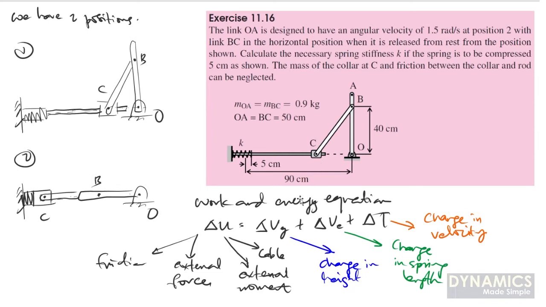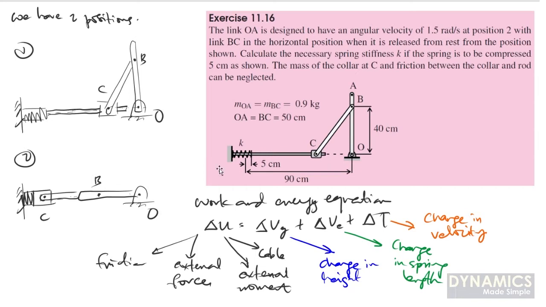All right, so we have to recognize what the positions will be. We have position 1 as shown, and then position 2 whereby link BC is horizontal. In this case, we want BC to be horizontal, and at the same time, the collar will compress the spring.